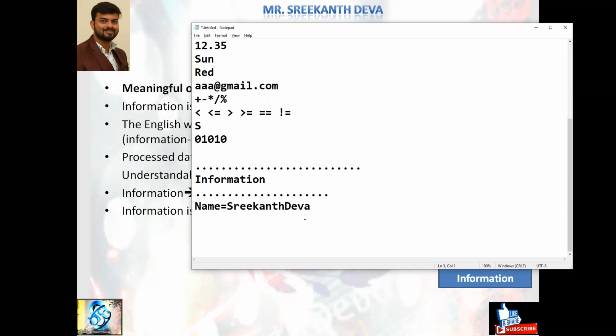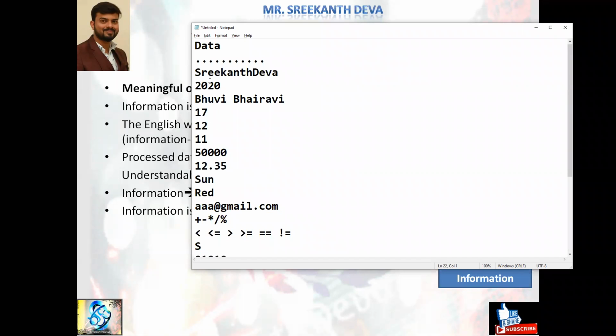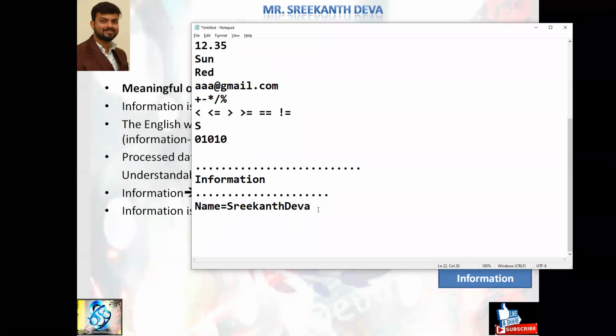When is it defined? After processing. SreekanthDeva is a name. Like 2020: it is a number, either a sum, addition, or subtraction value. We cannot justify it because it is data, unorganized and unrelated. But coming to information, I provide meaning for 2020: we can call it a year.